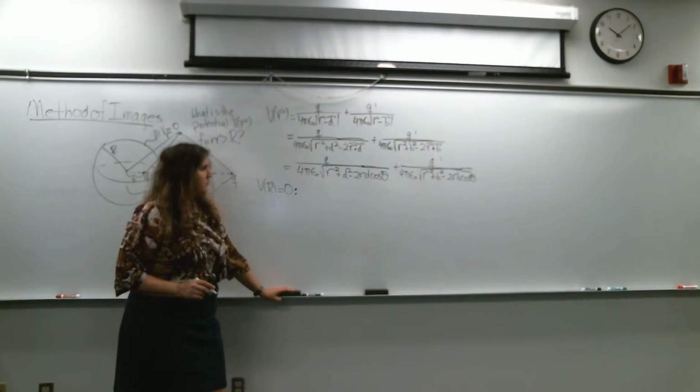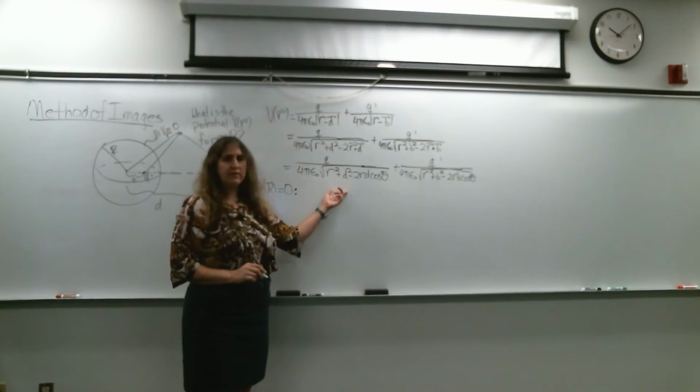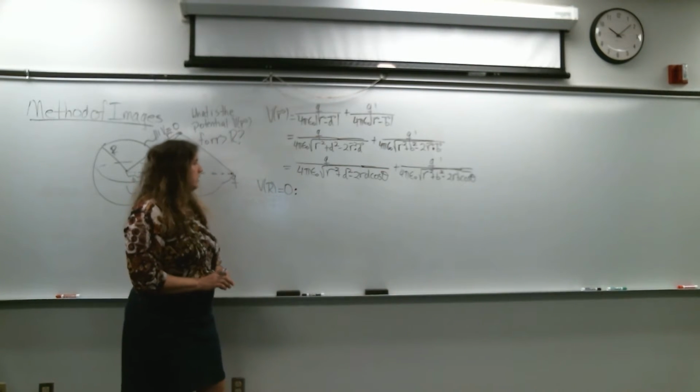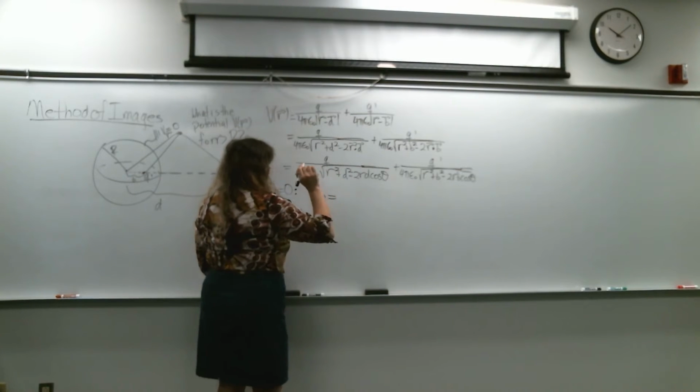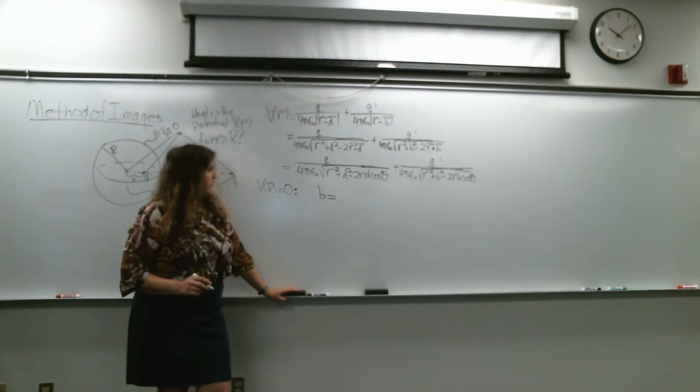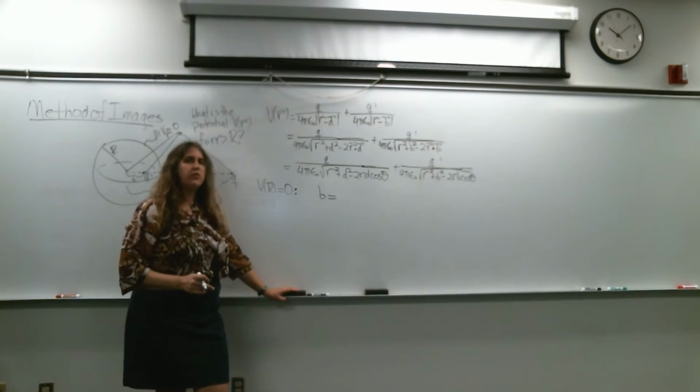Figure out, well, what must b be? You know what d is. We're evaluating this at the radius. So b is going to have to be written in terms of d and R.